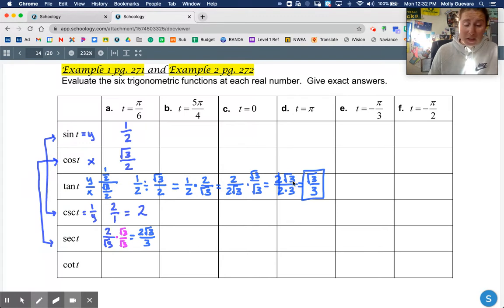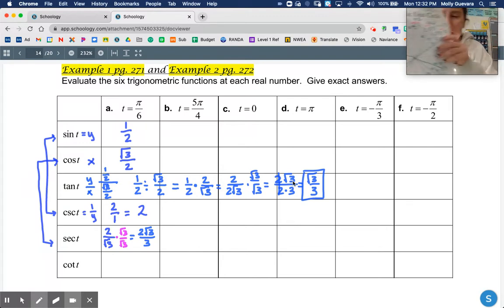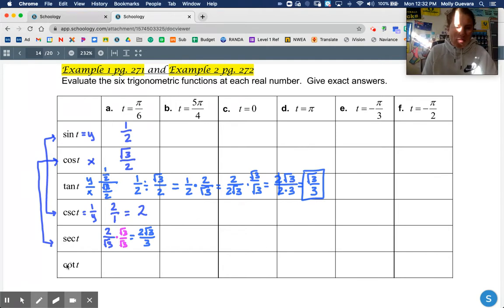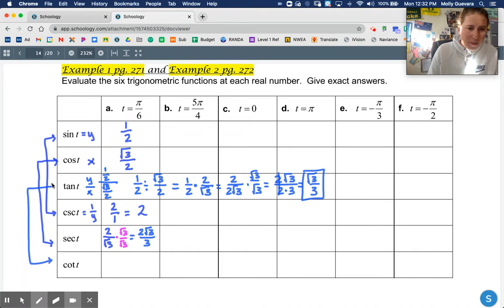That is something that is worth writing here. So notice right here, I wrote that the tangent is root 3 over 3. Therefore, I should be able to find the cotangent. It's just the reciprocal. So instead of root 3 over 3, it's 3 over root 3.